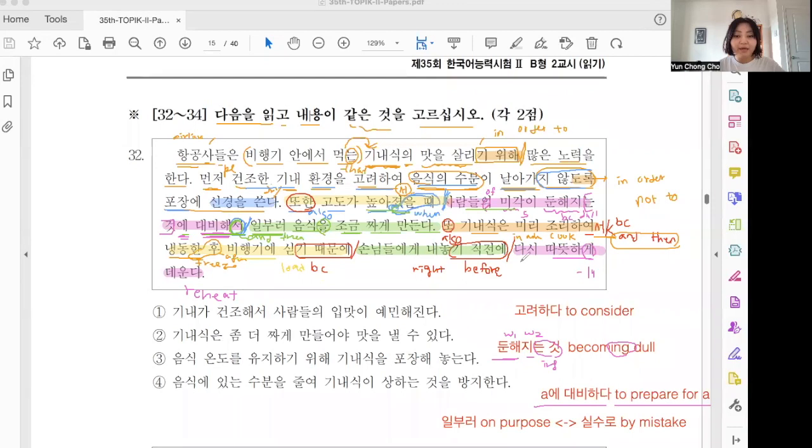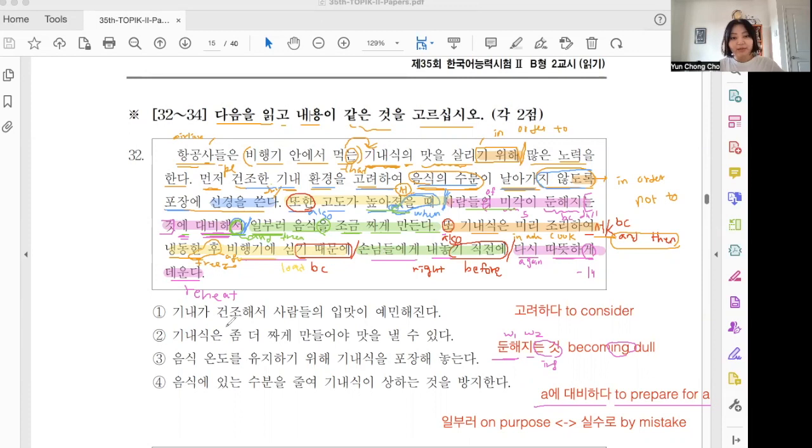So warmly, 다시, again. 또 also 기내식은 미리 조리하여서, they cook in advance the in-flight meal and then 냉동한 후, after they freeze the food, 비행기에 식기 때문에, because they load the frozen food on the plane, 손님들에게 내놓기 직전에, right before they take out the food to the customers, 다시 따뜻하게 데운다. They reheat the food warmly again.